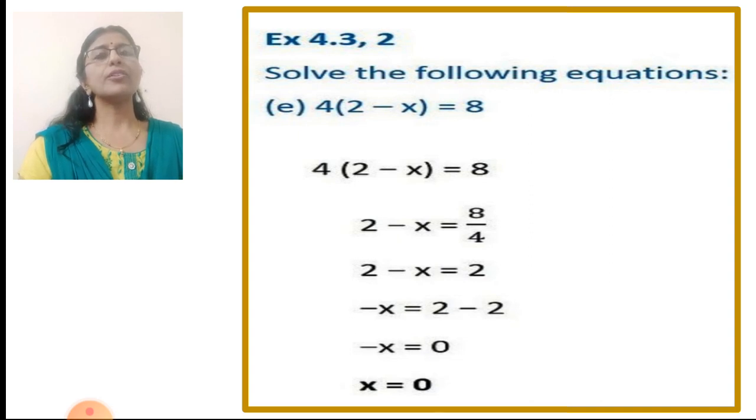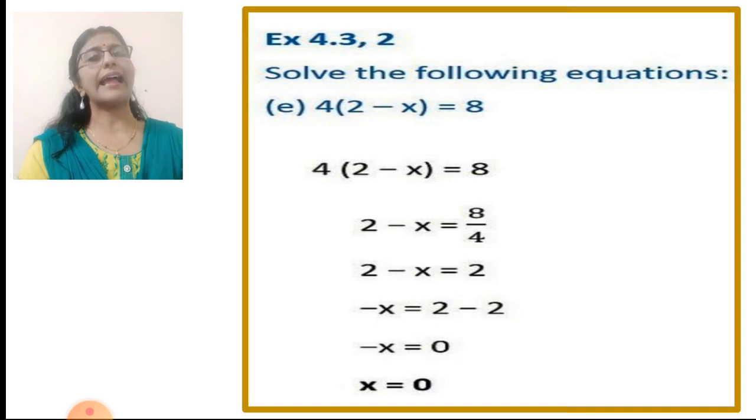Now we want to find out the value of the variable, and the variable has a minus sign. So we will write as it is, minus x is equal to, now 2 is positive on the left hand side. You can see here 2 minus x. This 2 is positive. Now we will transpose it to the right hand side.